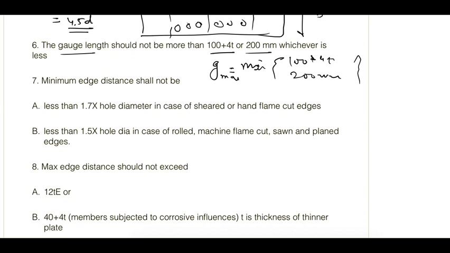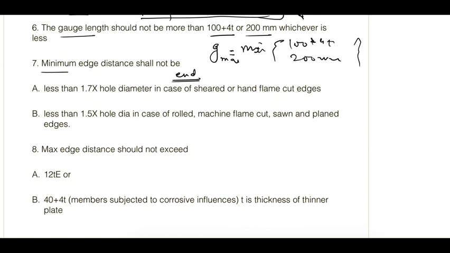And for the edge distance, so for the minimum edge distance, whatever is applied to edge distance is also applied to end distance. So here it says that it should not be less than 1.7 times the hole dia, that is 1.7 times hole dia we denote with d naught.